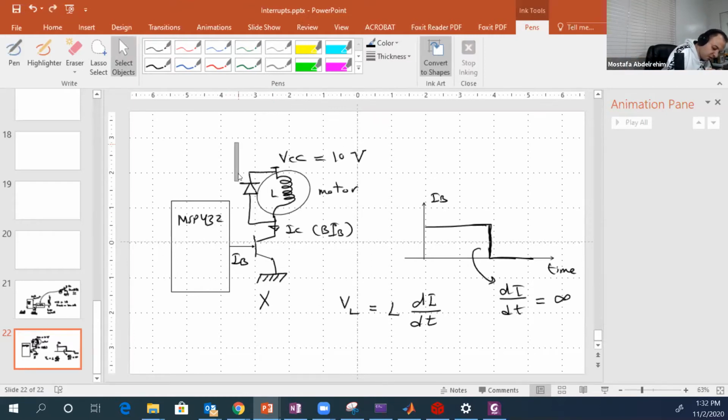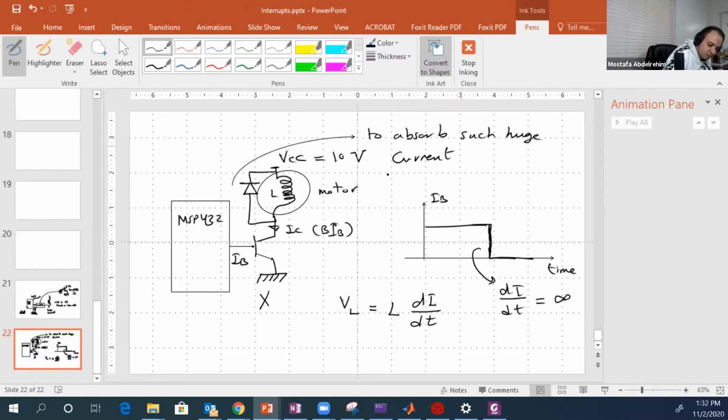So this guy is there to absorb such huge current or voltage when switching on or off.